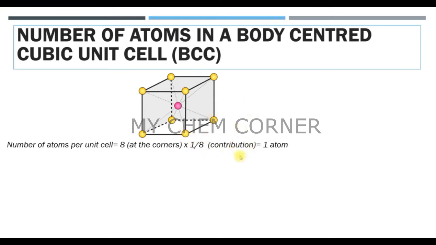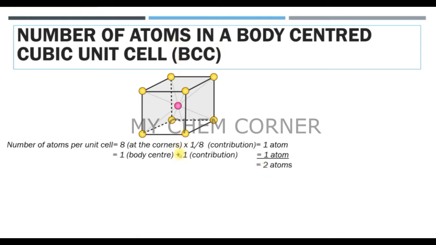So 1 by 8 as contribution. When I solve this, I'll get 1 atom. What about the one in the center? I have one body-centered sphere and it is not actually being shared with any other cube. So it's just 1. So when I simplify this, I will get 1 atom here. And when I add up, I will have 2 atoms belonging to a BCC.